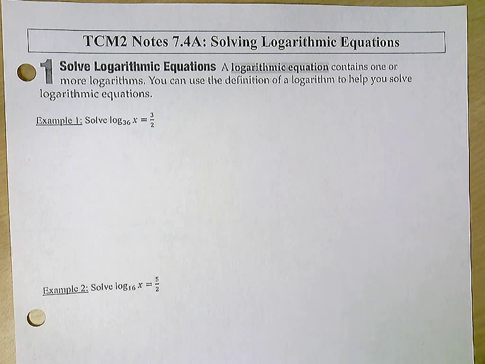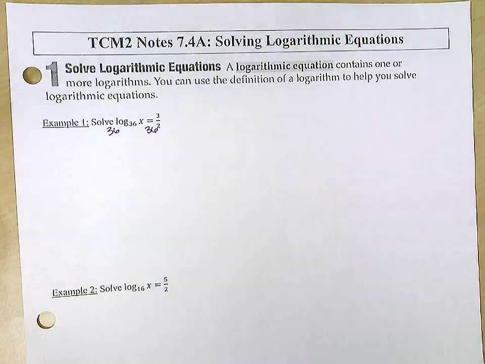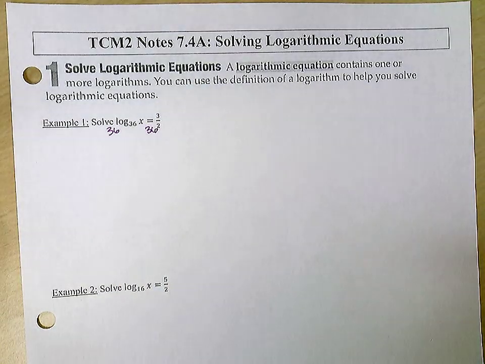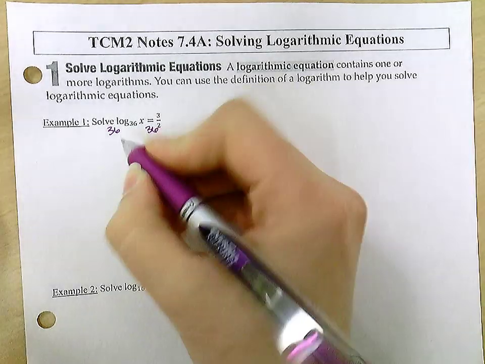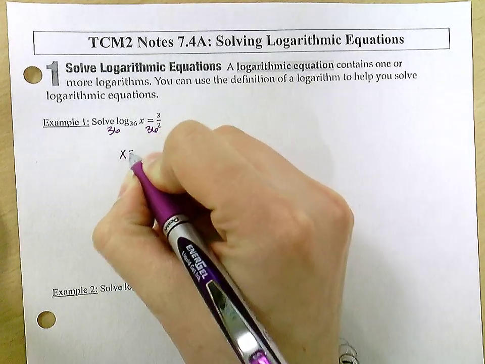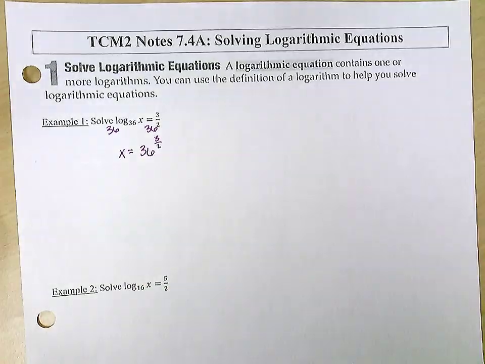What I'm going to do is change this into an exponential by bringing in base 36 to both sides. When I bring in base 36, it cancels the log base 36 on the left. So I have x is equal to 36 raised to the 3 halves power.